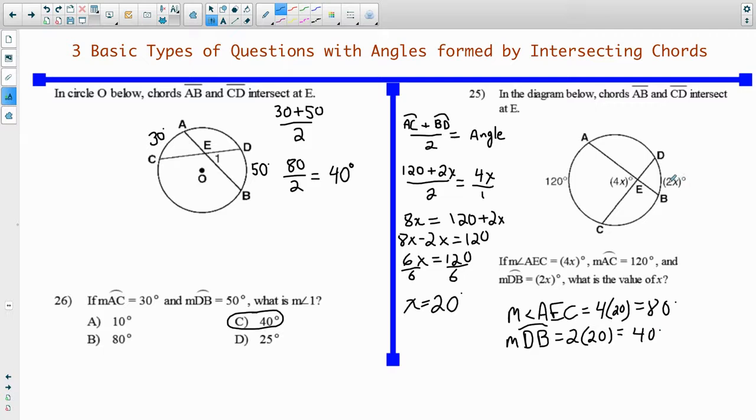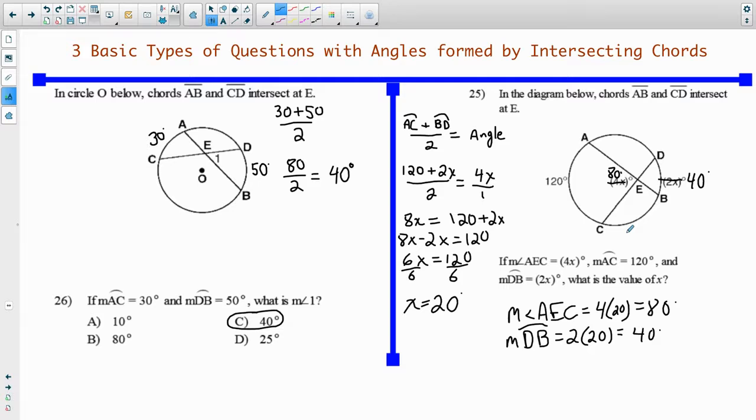So that 2x was actually 40 degrees, and our 4x is actually 80 degrees. That should make sense to us because if you look at the two arcs, 120 and 40, 120 plus 40 is 160, and if you divide that by 2, it equals 80. 80 is exactly in the middle of 120 and 40.